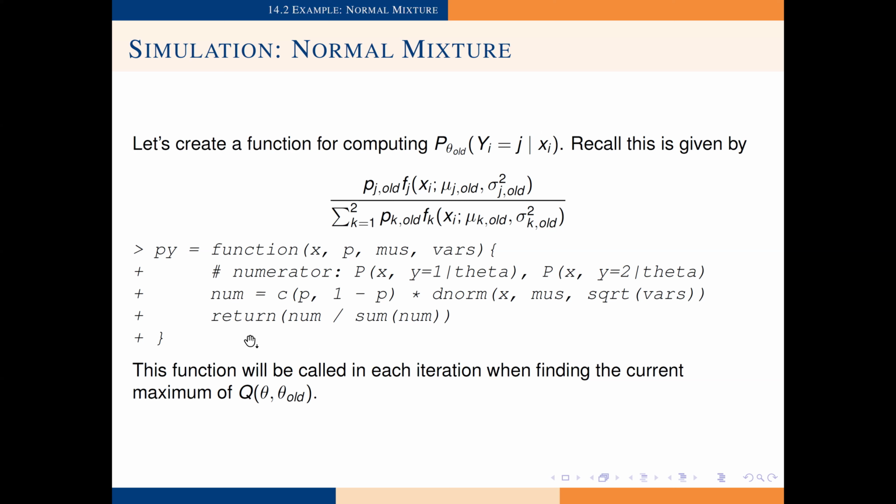So that's what this function returns. Essentially, it gives you, for the two possible classes, j equals 1 and j equals 2, given this xi and the last iteration's p and the mu's and sigmas for the two classes, what is the probability that yi is equal to that particular class? This function is going to be called in each iteration when we try to find the current maximum of the two functions.